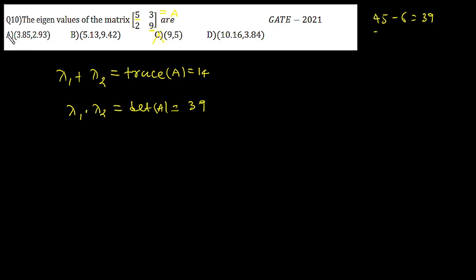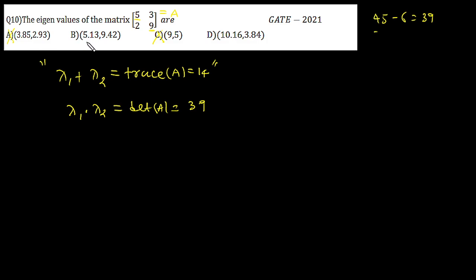Now let's check option A. Let's sum these two. We get just 6 point something, but we are not getting a sum of 14, and we require the sum of these two values to be 14. So option A is not the correct set of eigenvalues.